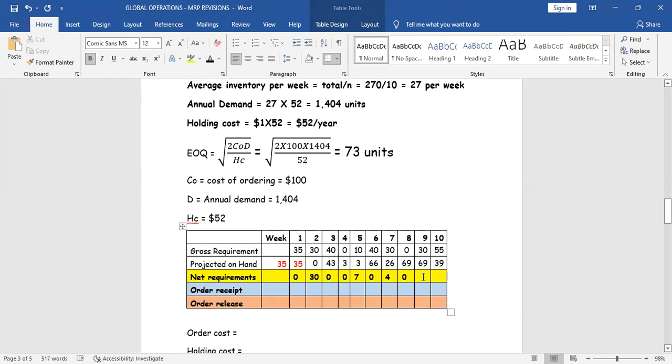In week 9, the gross requirement is 30, and we have 69. We shouldn't order. In week 10, the gross requirement is 55, and we have 39. Yes, we need to order. What is the net that we need to order? 55 minus 39, 16.